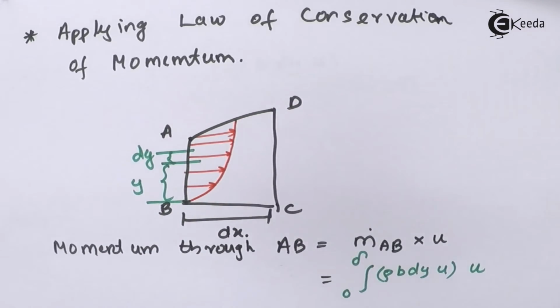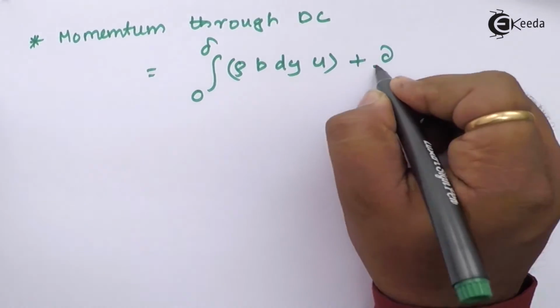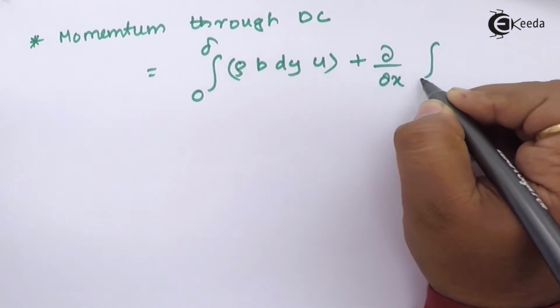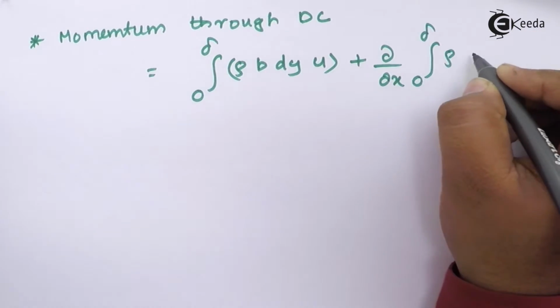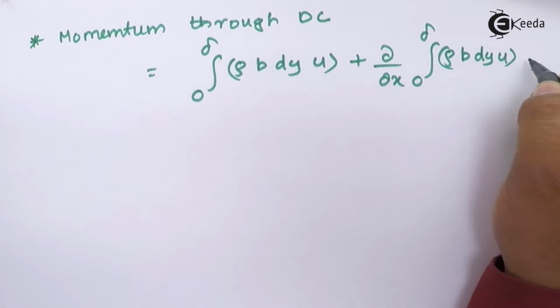Hence here the velocity which we'll be using will be again u, plus dou by dou x into the integral from 0 to delta of rho into b into dy into u into dx.